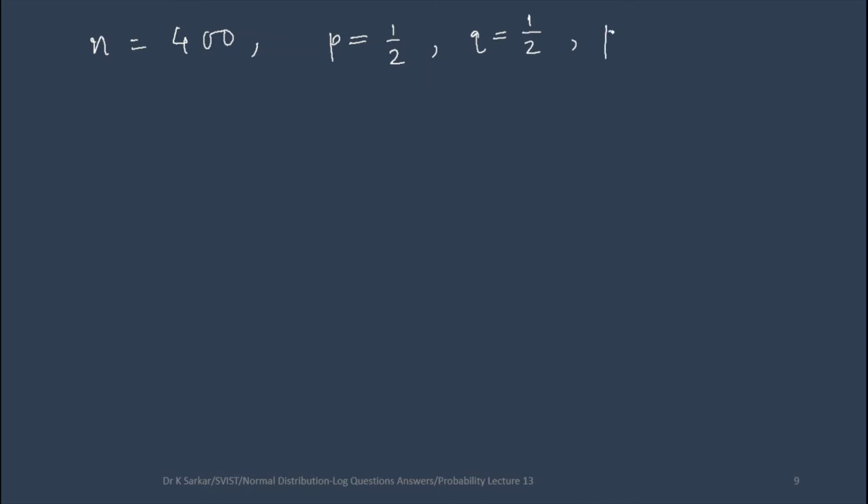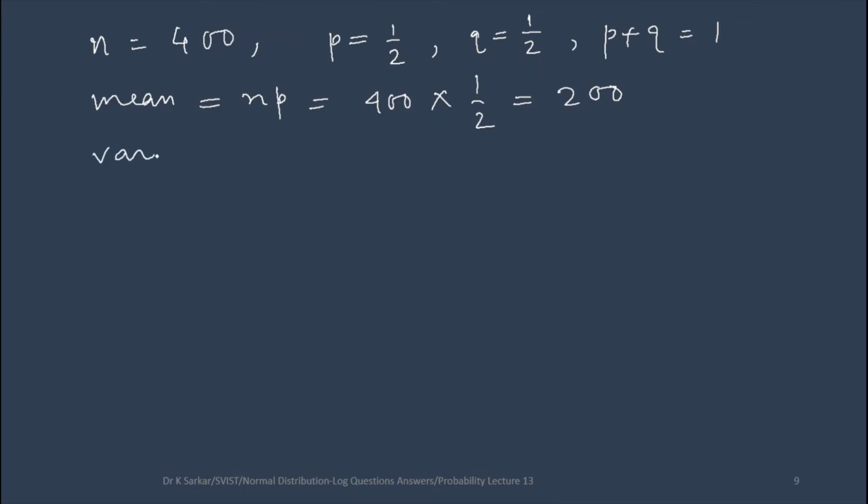As we know, p plus q is 1. Now the mean for binomial distribution is np. So this is 400 into half, which is 200, and variance for binomial distribution is npq, that is 400 into half into half, which is 100.